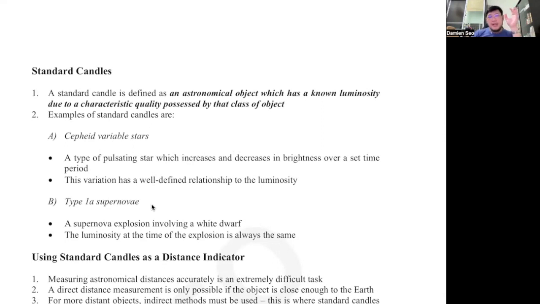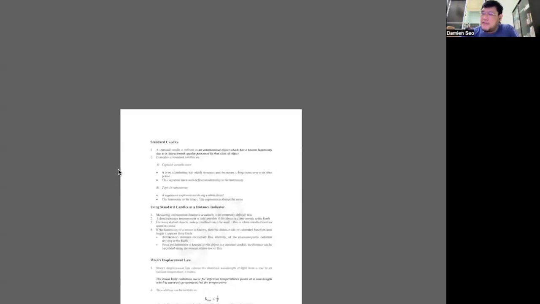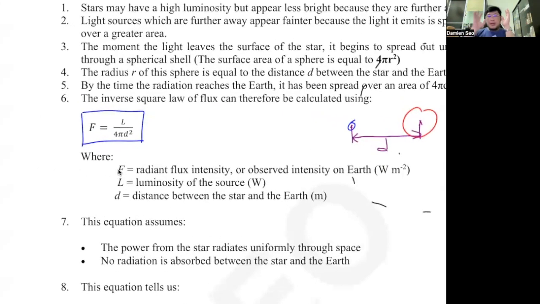Another type of standard candle, for which astronomers know the luminosity, is a type 1a supernova. Every time you see a supernova in a distant galaxy, the luminosity is always the same. All supernovas have the same luminosity. So why do we want to know all these things? Based on what we just learned from this formula, think carefully.